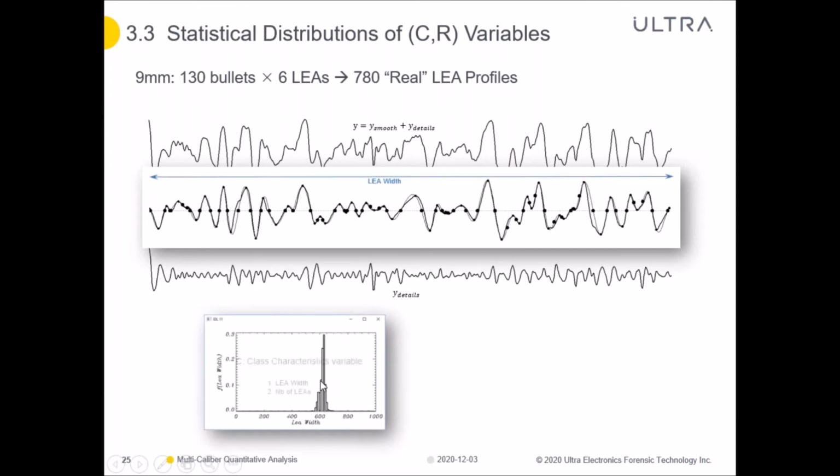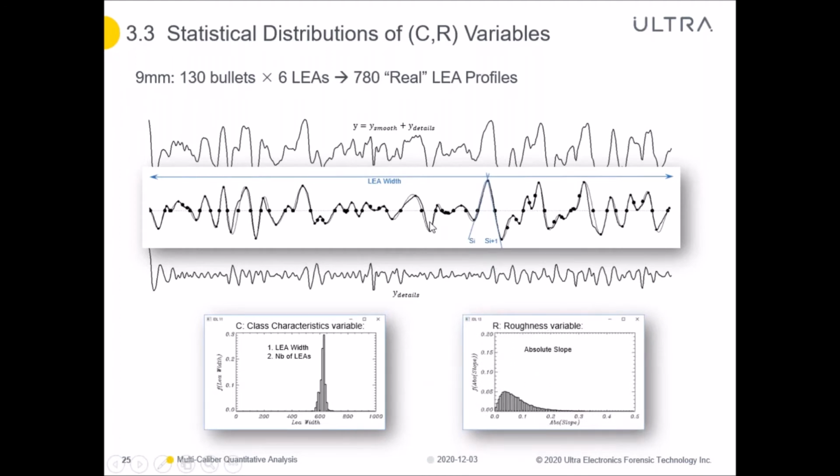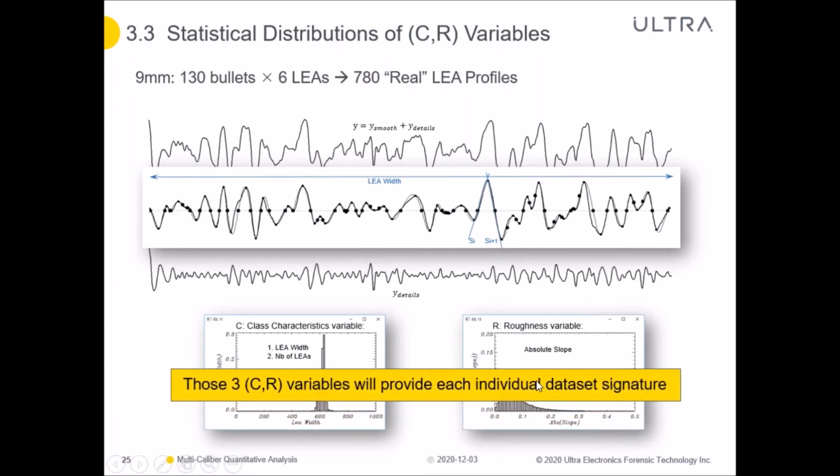For class characteristics variables, we are considering lead width and number of leads. Here we have the statistical distribution of lead width for those 800 profiles. For the roughness variable, we are considering the slope of those consecutive peaks and valleys right here and retaining the absolute local slope. So at the end, we are retaining 3 variables: lead width, number of leads, and the absolute local slope. And you'll see those 3 variables will provide each individual dataset signature.